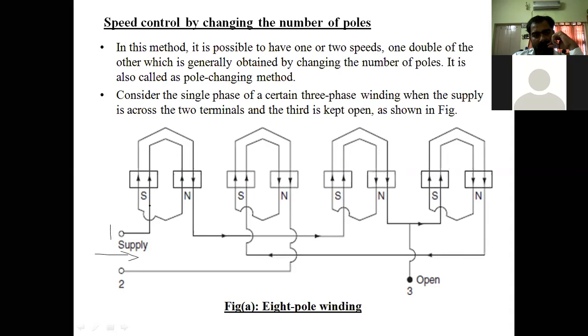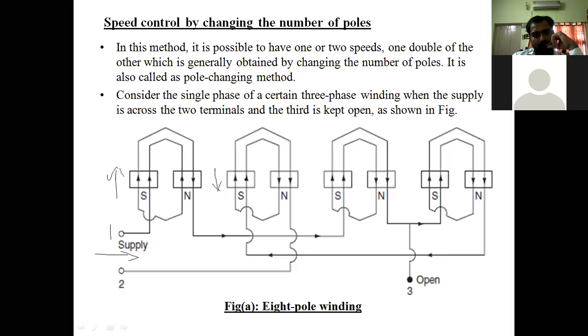If you check all the south poles of your magnets, the current is always flowing in the upward direction. In the north pole, it is flowing in the downward direction.